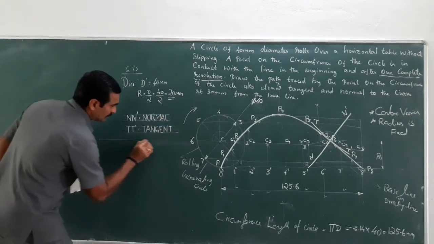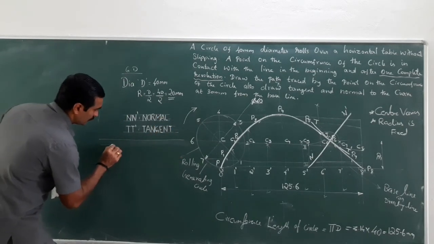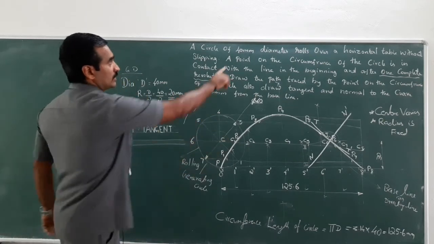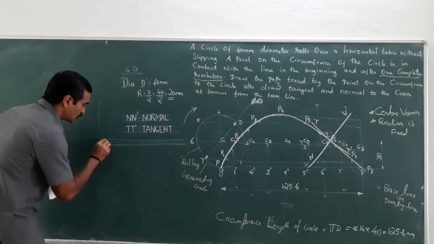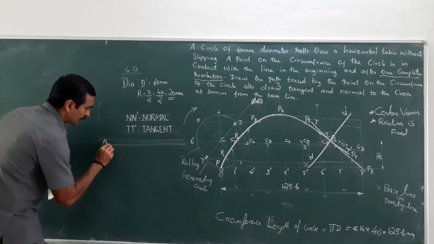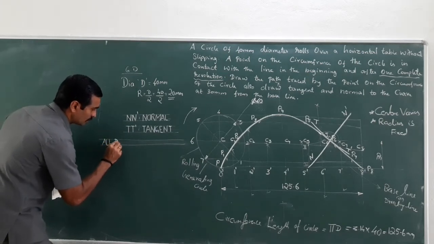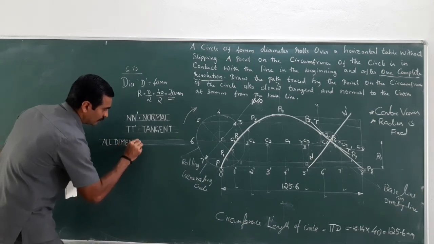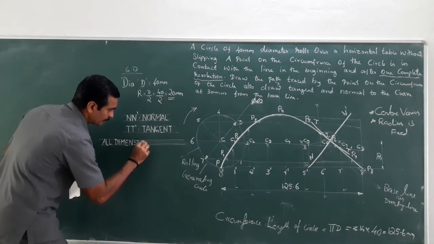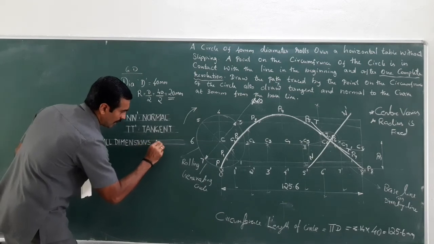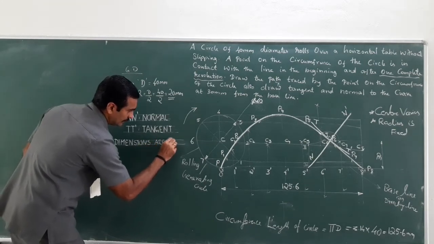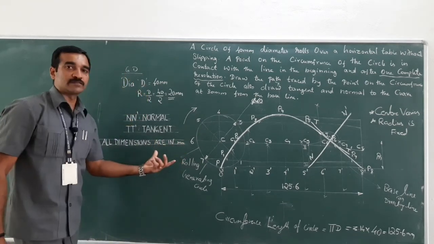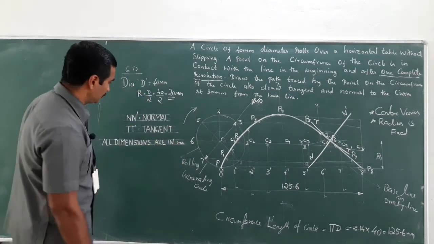right. The dimension which I considered to construct the profile is in mm. So, I need to specify that all dimensions are in mm. Mm should be in the lower case, which is nothing but the small letter, right.